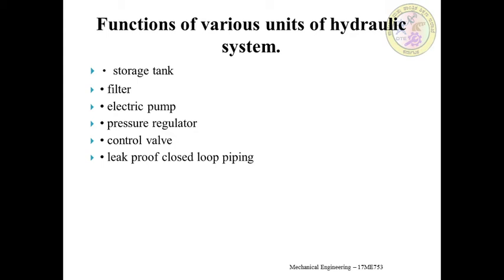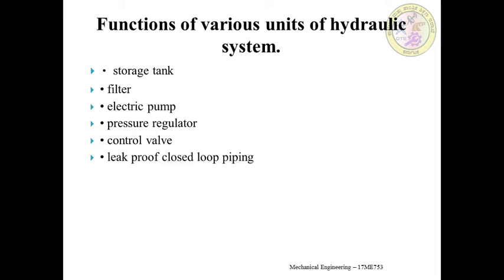Then the pump is a device which raises the pressure of the liquid, and the pressure regulator controls the desired range of pressure for the required operation of a particular system, and the control valve is used to give the desired direction of the operation.